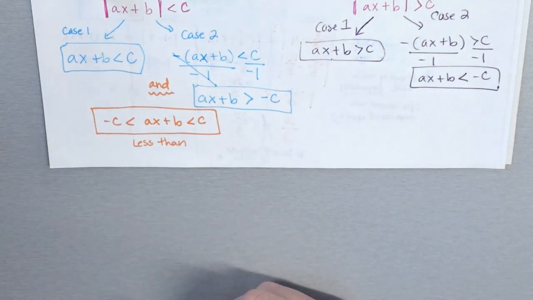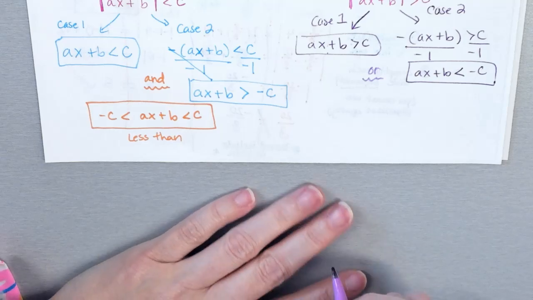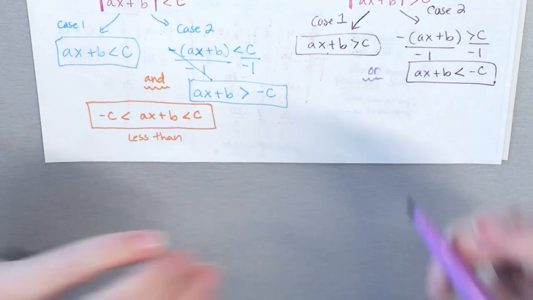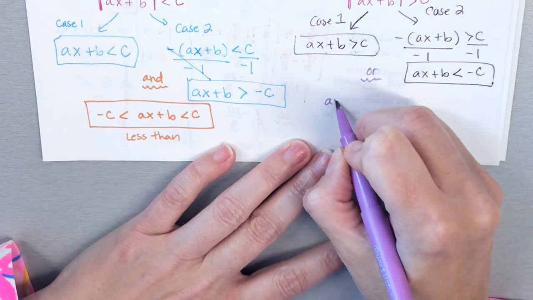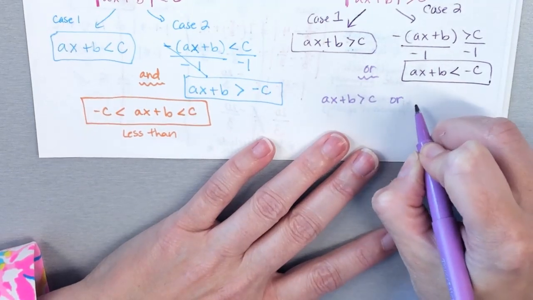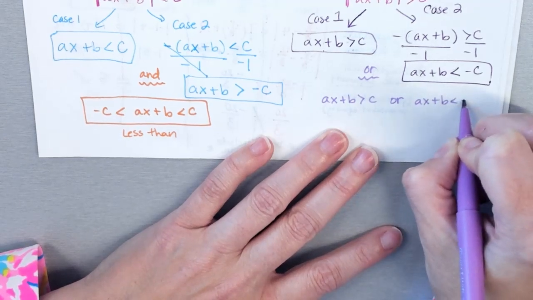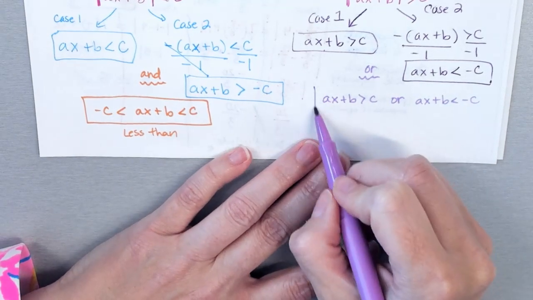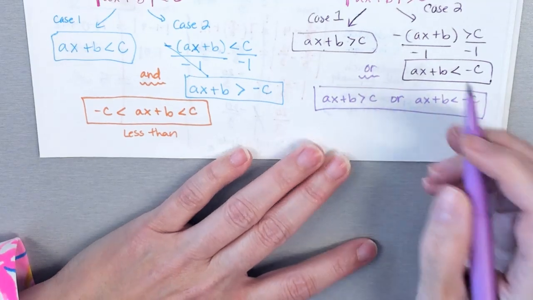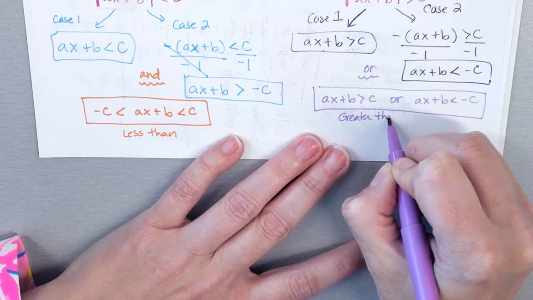Because it cannot happen at the same time, we connect it with an or. And the compound inequality is going to be two different inequalities. So it's ax plus b is greater than c, or ax plus b is less than the opposite of c. This is going to happen anytime you have a greater than.